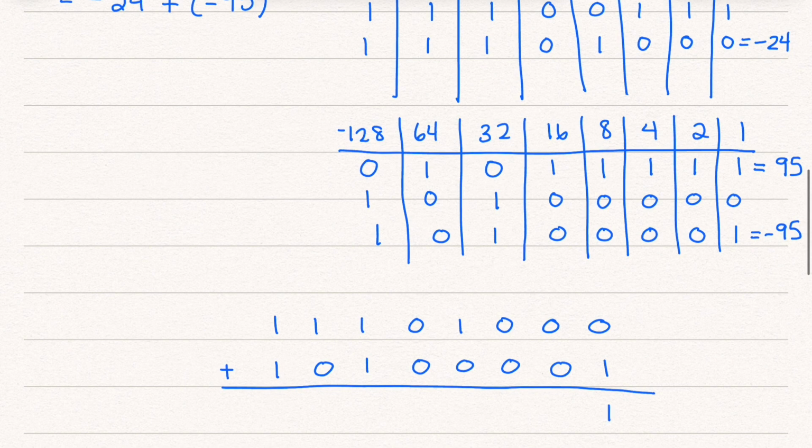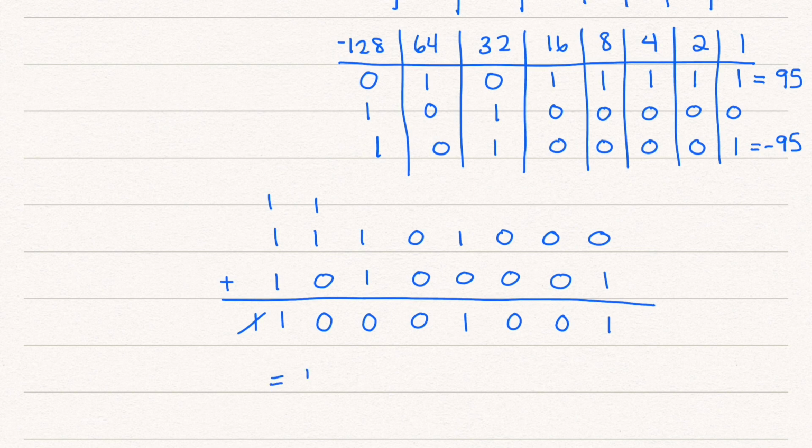So I'm going to put a 0, carry the 1, put a 0, carry the 1, and so on. And remember, we ignore this 9th bit. So my final answer is 1, 0, 0, 0, 1, 0, 0, 1.